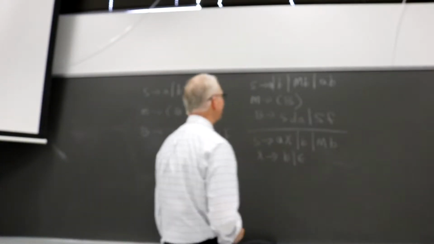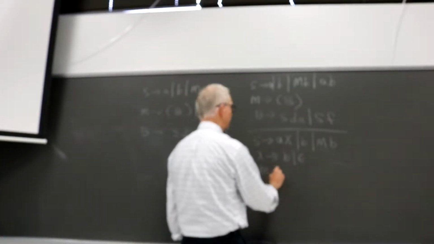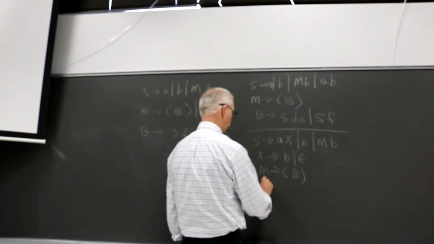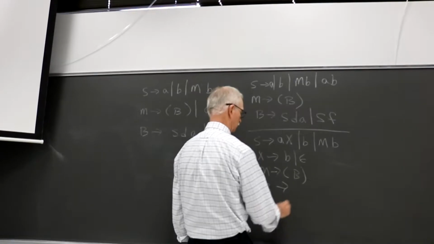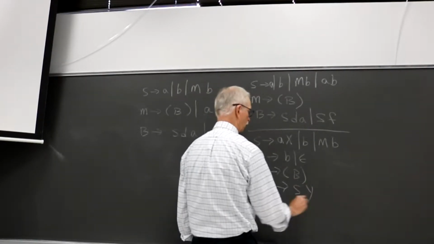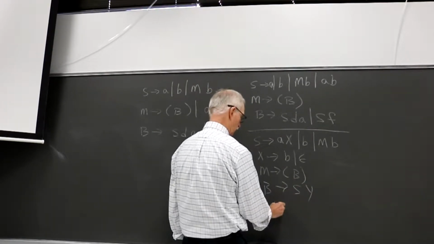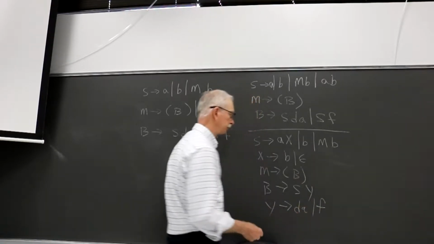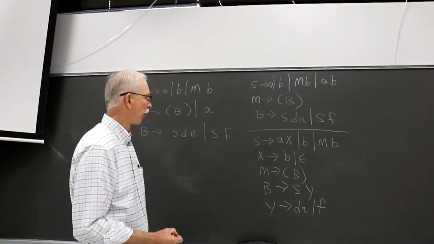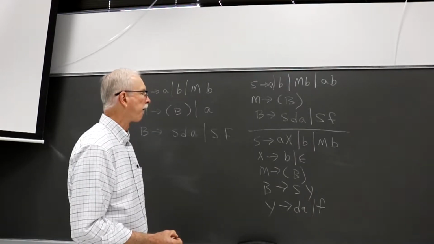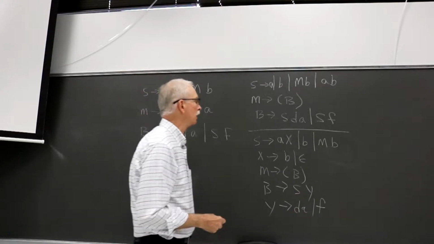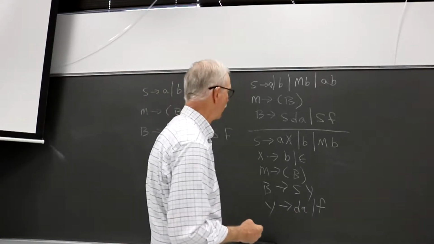Okay, cool. And so M goes to paren B paren, and B goes to SY, and Y goes to DA or F. So then, we think we might have it.